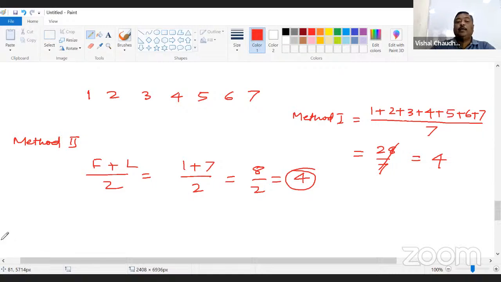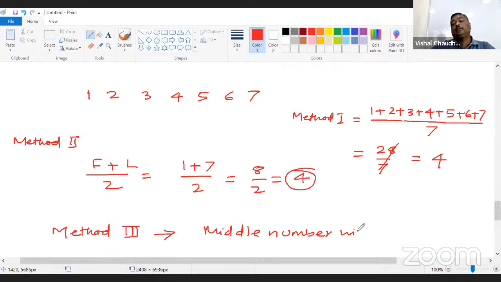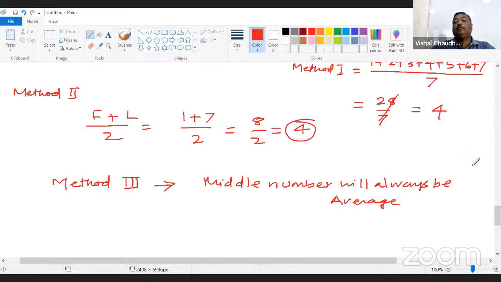And the third method: the middle number will always be the average.